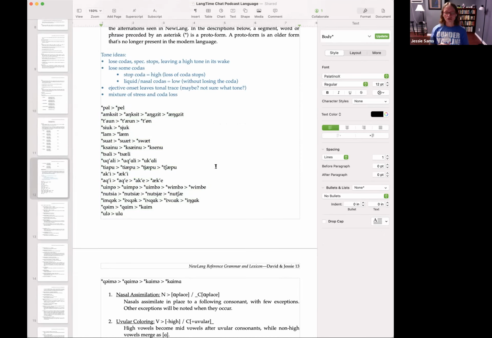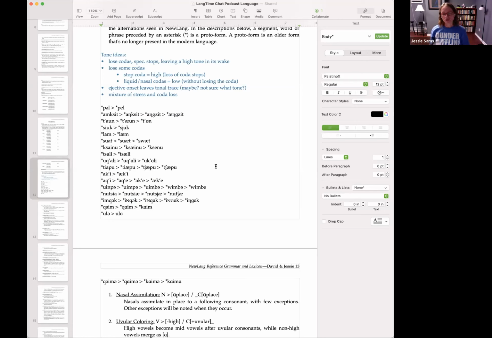And so last time we ended with 4 suggestions, including losing codas, specifically stops, which leaves a high tone in its wake. And then another idea is, same idea, but a stop coda would leave a high tone, whereas a liquid or nasal coda, when it's lost, would leave a low tone.